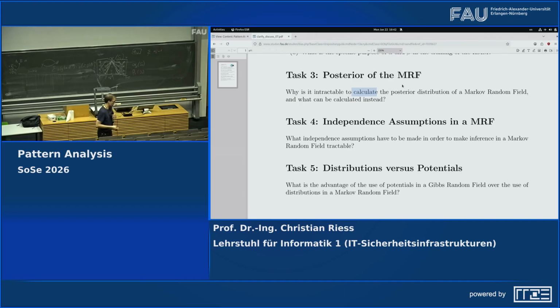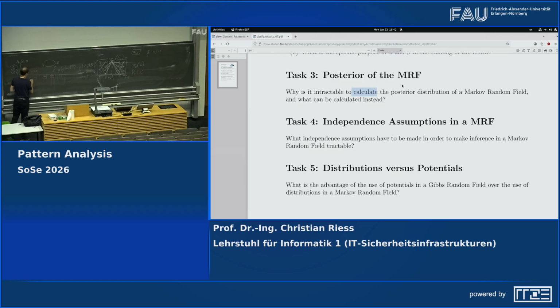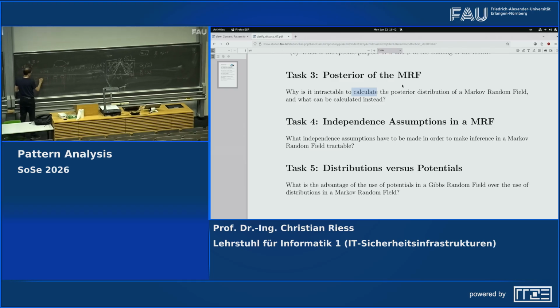No, there's no way. Okay, so if these are the observations, these are the associated hidden variables.